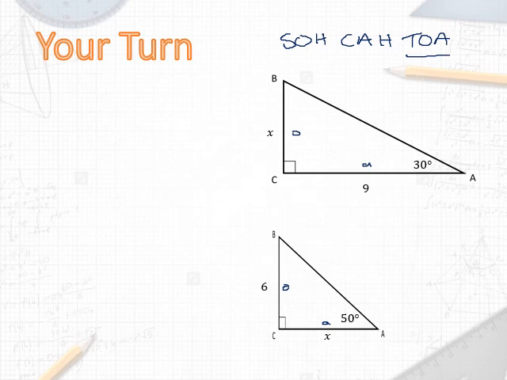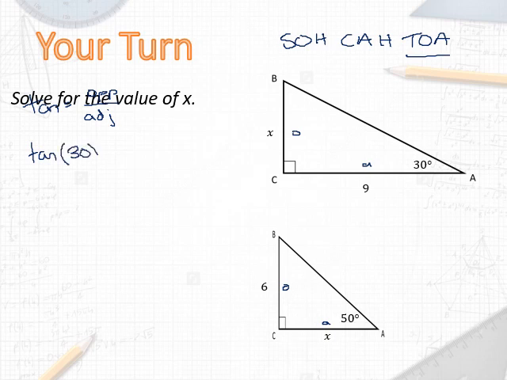Okay, so tan is equal to the opposite divided by the adjacent. So tan of the angle, which in our case is 30 degrees, is equal to x over 9. To get x on its own, I'm going to multiply by 9 on both sides.